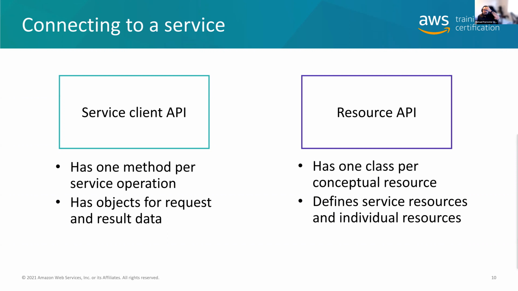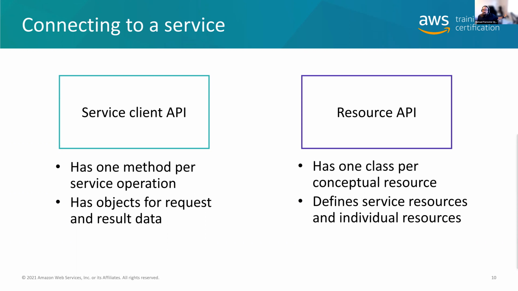So for example, the S3 service resource exposes methods to perform actions on S3. The S3 individual resource as part of the resource API will allow you to talk directly to the specific object in question. Resource APIs in general on the right are easier to understand and more simple to use as they provide a higher level abstraction.